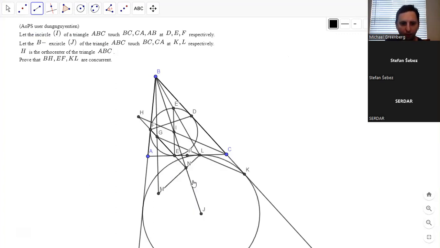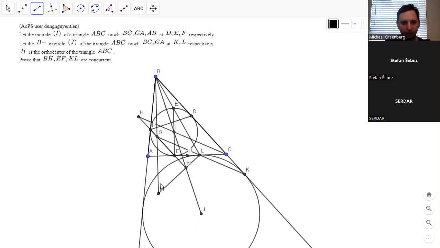I already proved that ENL is 90 degrees. Yes. And we know that MG is perpendicular to LE. Then we have an orthocenter. And ME then is perpendicular to GL. And this should prove that ME and D are collinear.